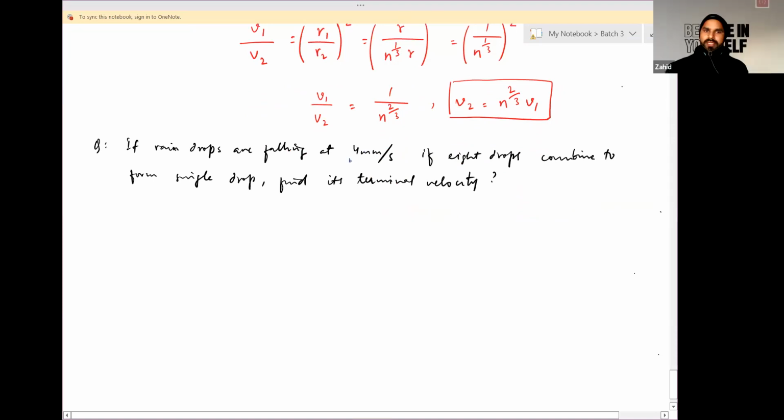In this question, we have velocity of each initial drop as 4 mm per second. So it will be V1. Number of drops is 8. Just find V2.